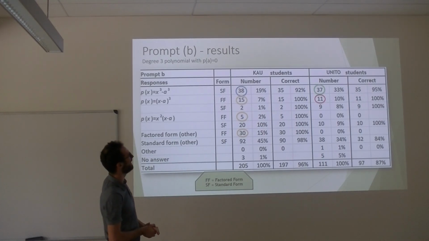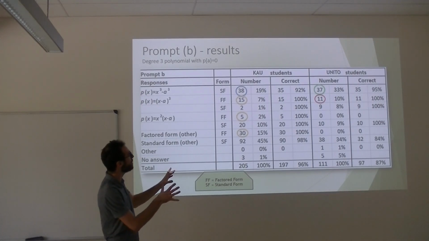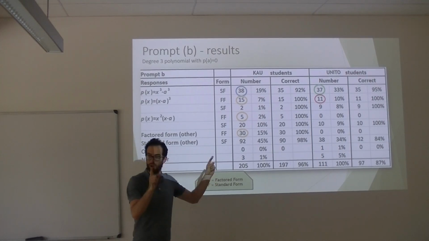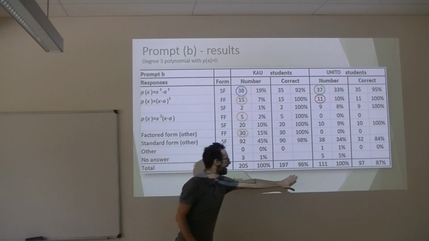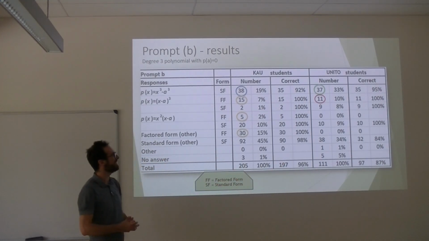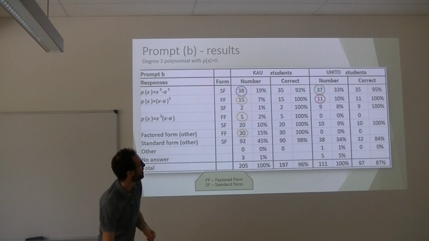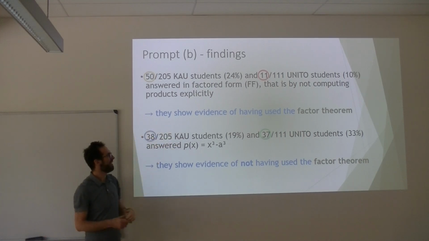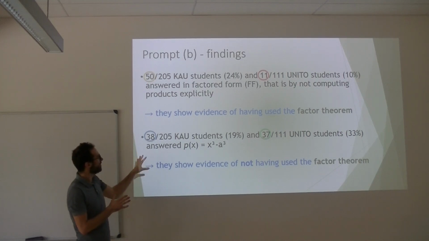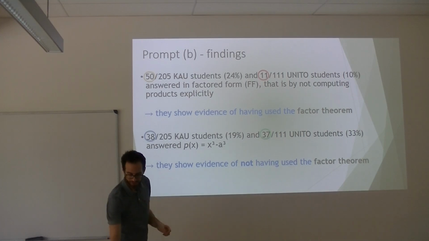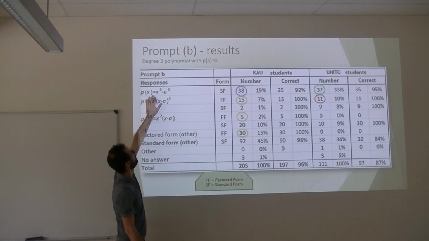We're using this kind of theorem, even though the percentages could be, let's say, okay, remember that the global sample of Italian students was half of the Swedish sample. So that's why we added also percentages in this representation. So in some cases we have the evidence of having used the factor theorem, but on the other side we have also some evidence for this first task of students that did not use the factor theorem, for example, using this first form here.